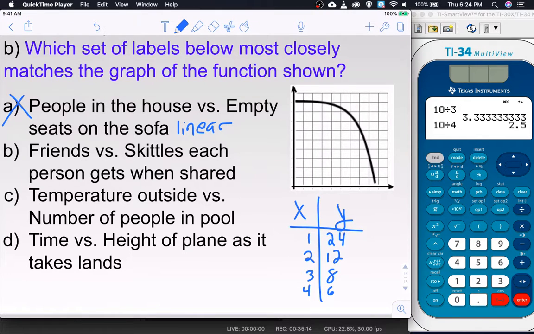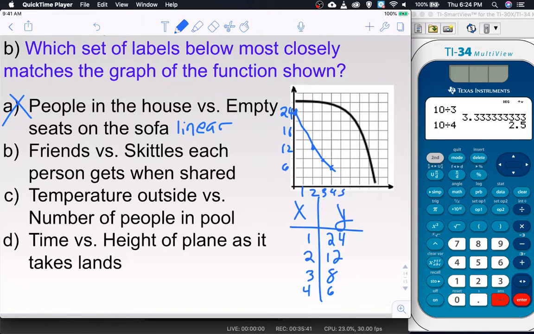Here. 3, 6, 9, 12, 15, 18, 21, 24. 1, 2, 3, 4, 5. All right, so here's 1, 24, 2, 12, 3, 8 would be around here. 4, 6 would be here, and we can see the graph looks like that.